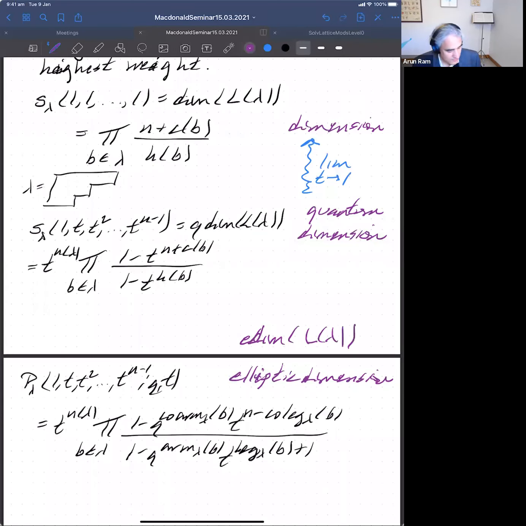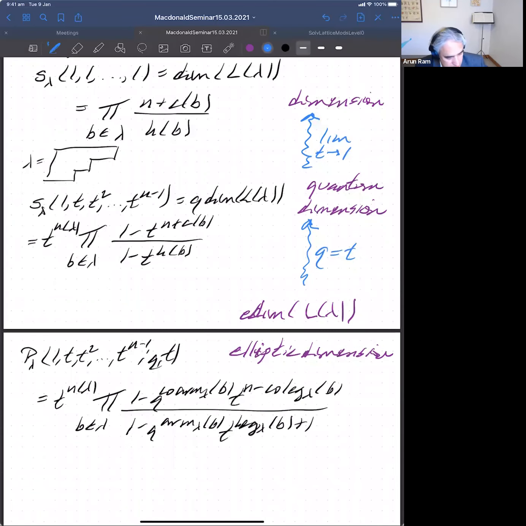And somehow this principal specialization of the Macdonald polynomial is trying to be the elliptic dimension. And there is, of course, a passage here, which is when you set q equal to t, then the Macdonald polynomial becomes the Schur function. And so this takes the elliptic dimension to the quantum dimension, and then you proceed this way.